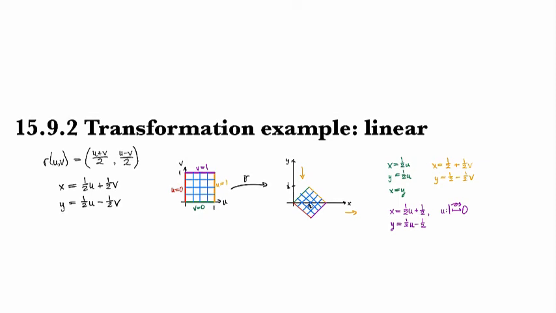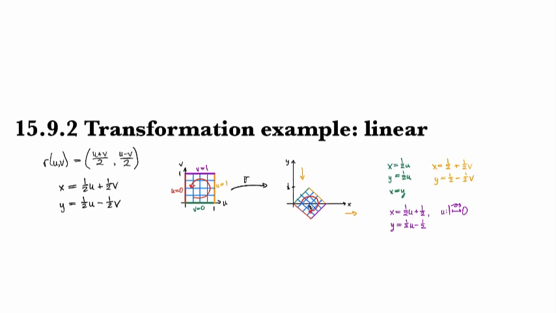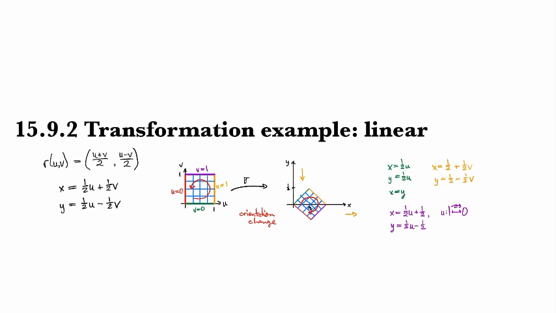If we started by going green, orange, purple, red, and it was counterclockwise, then green, orange, purple, red is now clockwise afterwards. So there is an orientation change. And we also see that we ended up with a smaller region.